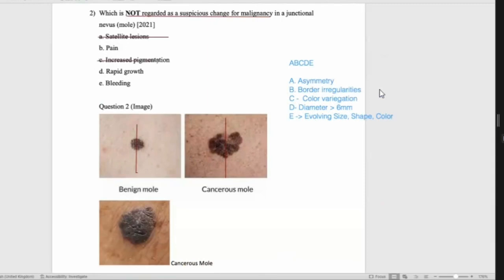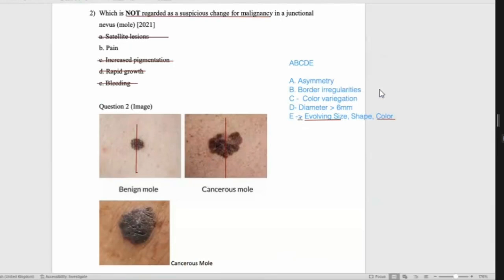Increased pigmentation can also point to malignancy because we saw evolving color, right? Rapid growth also can point towards malignancy, as we saw, evolving size. And then bleeding. Bleeding also points to a malignancy, and I'll explain exactly why.